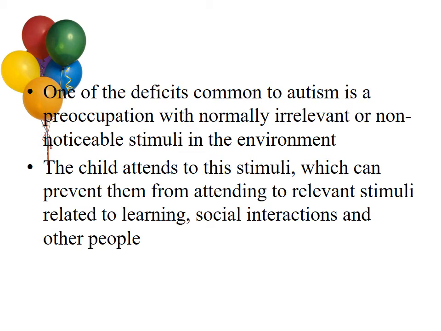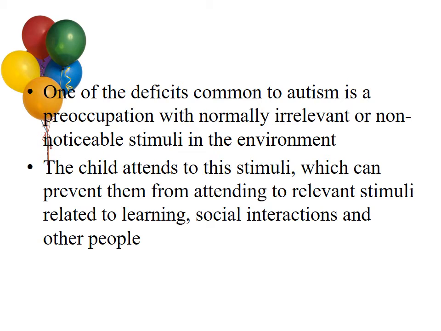So when I say something is normally irrelevant or non-noticeable, what I mean is small little things that aren't supposed to be the main attention focus for a person. For example, a dust particle floating around in the air, a tree outside barely swaying, a string hanging down from the windows that is moving back and forth.